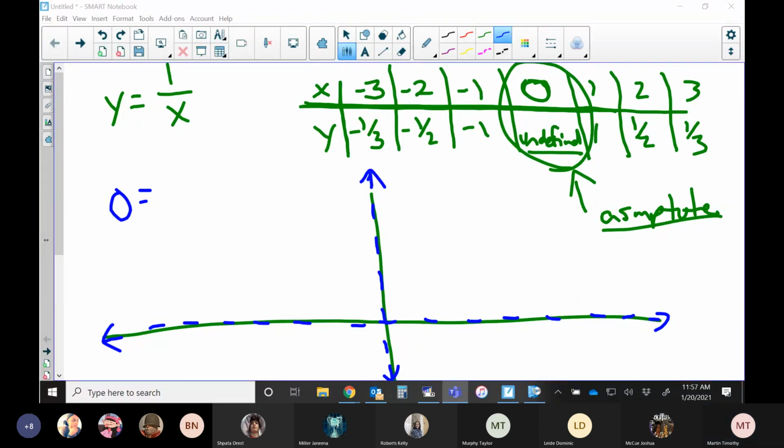Isabella, can you give me a fraction that equals 0? What would be a fraction that's 0? Can you give me an example of one?